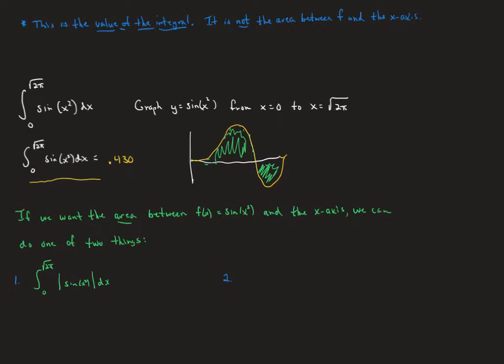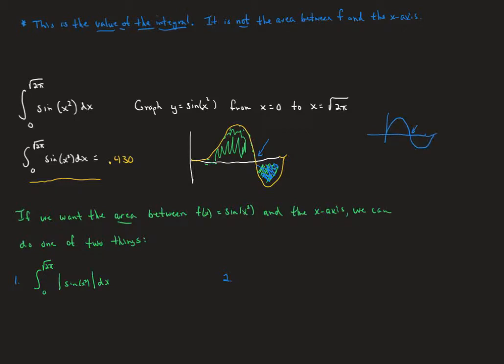Then it's going to count this stuff that's below the x-axis and turn that into a positive. The second way we could do is to try to find out where that is going to be 0, and I think we can figure that out because we know that our normal sine curve looks something like this.